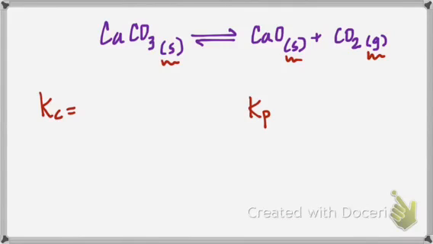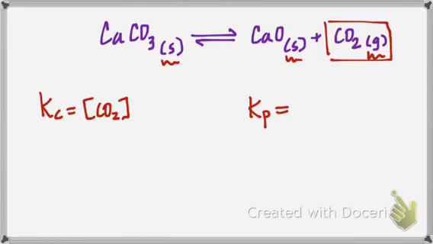In this case, the only thing that I have to deal with is that CO2, so it's just going to be Kc equals my CO2, and for the Kp, or the pressure constant, it's going to be not a K, but a P with a CO2. And since there's no coefficient, I don't have an exponent for that P. Seems simple enough.